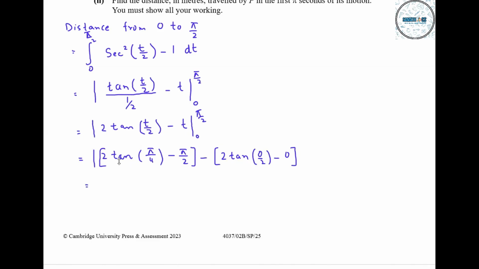So tan pi upon 4 is 1. So this will become 2 into 1 minus pi upon 2 minus tan 0, which will become 0. So 0 multiplied by 2 is 0. And here we have 0. So it will be minus 0. So finally we have 2 minus pi upon 2.